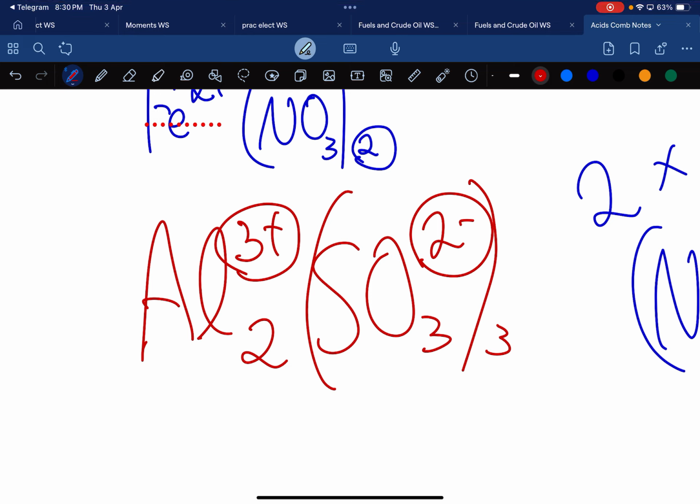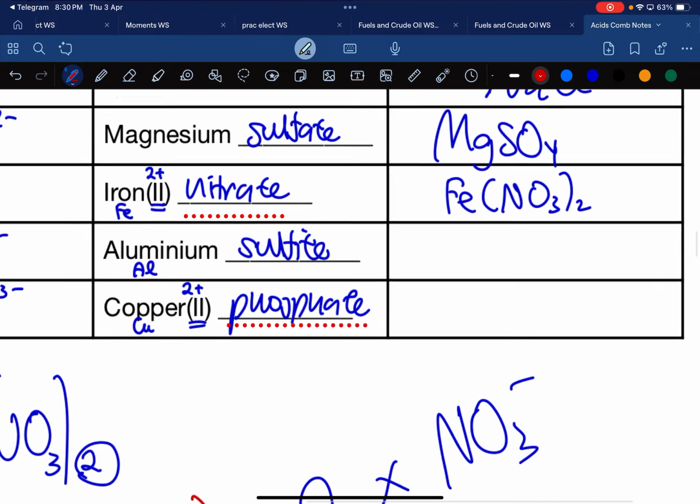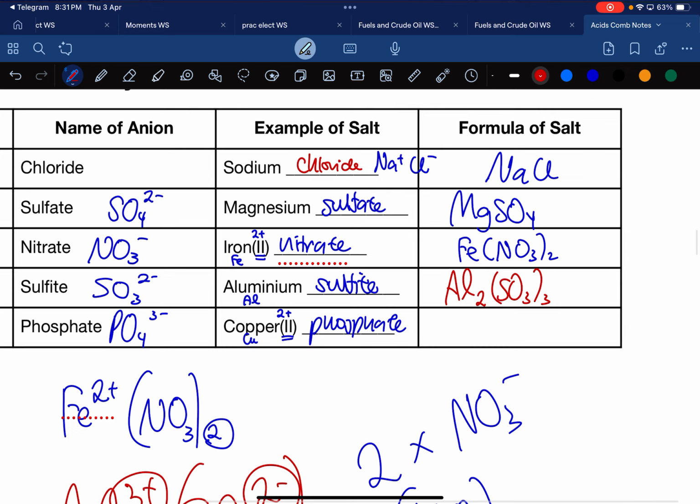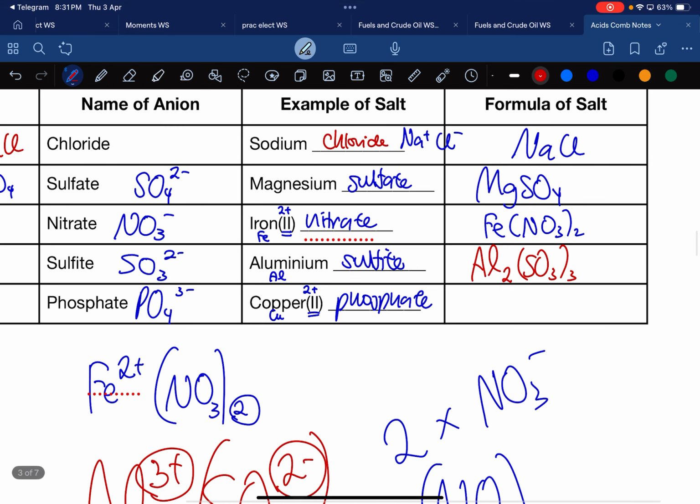Simple? Following? It's all about LCM, yeah? Okay? So Al2(S)3. This is our compound.